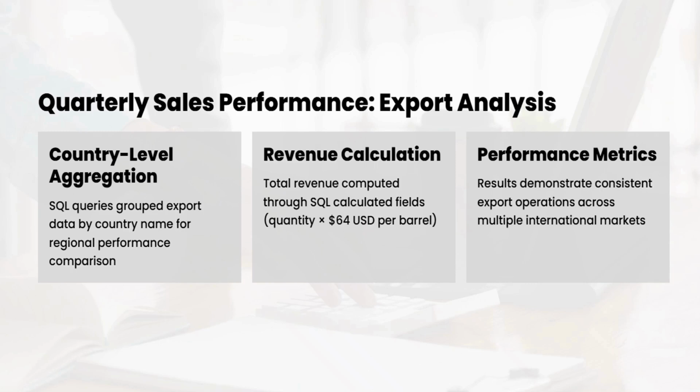We created a calculated field in SQL where we multiplied the total quantity by a fixed price of $64 per barrel. This allowed us to estimate total revenue directly from the dataset without needing external calculations. Through this approach, we are able to transform raw operational data into meaningful business insights.